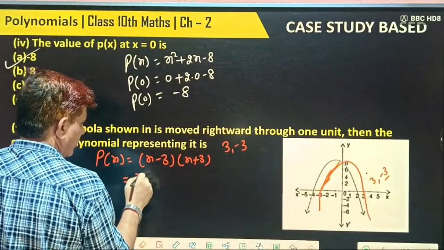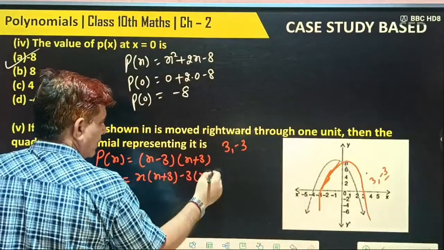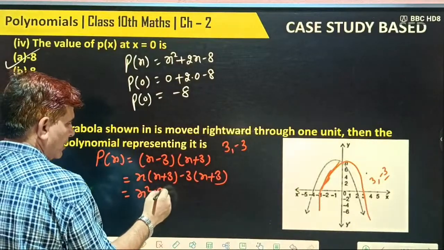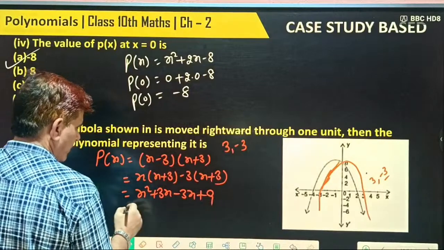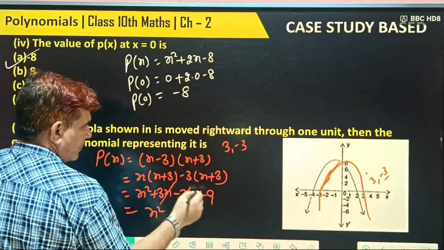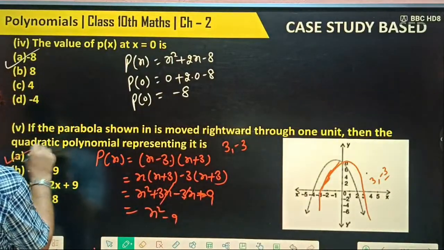So it becomes x into (x + 3) minus 3 into (x + 3). How much does it become? x square + 3x - 3x - 9, or directly you can solve it as x square minus 9.